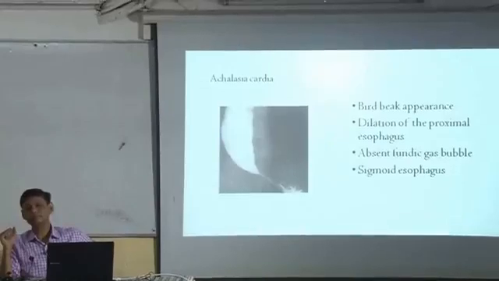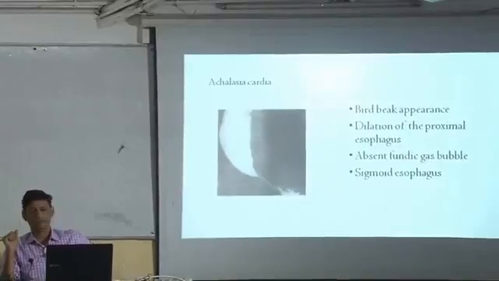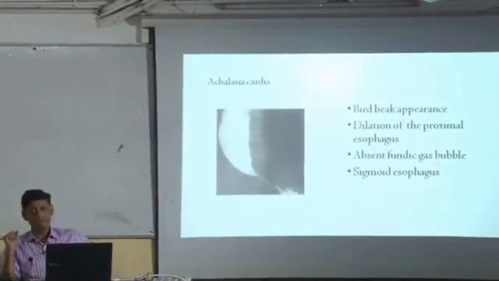It will become dilated. And the third thing that you are going to see in achalasia is that there will not be peristalsis. There won't be any peristalsis. Okay? And now can any one of you tell me what is the picture in scleroderma? First of all, tell me, what is scleroderma?